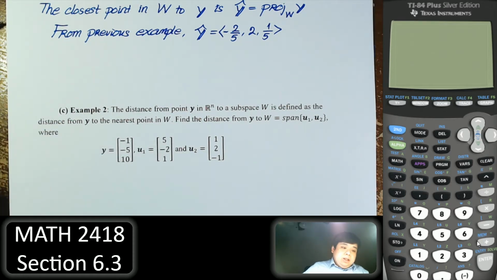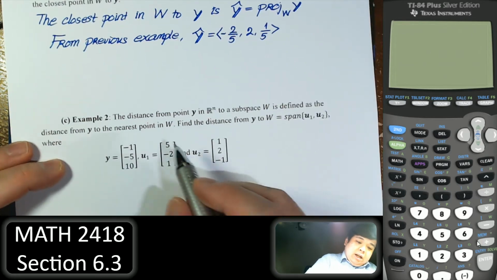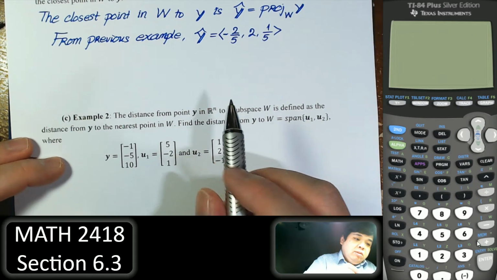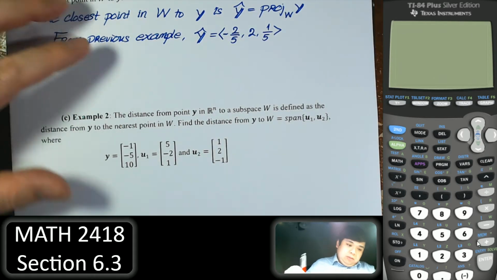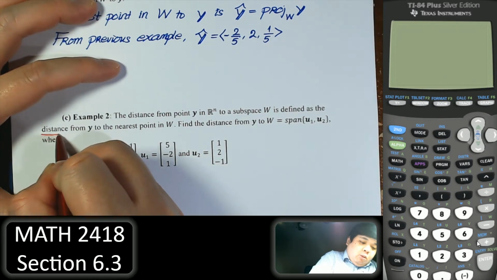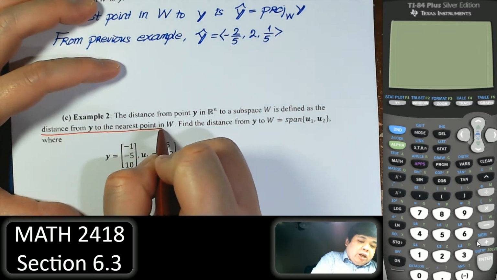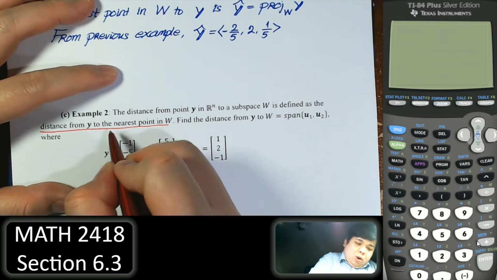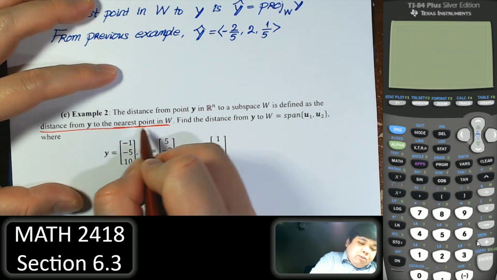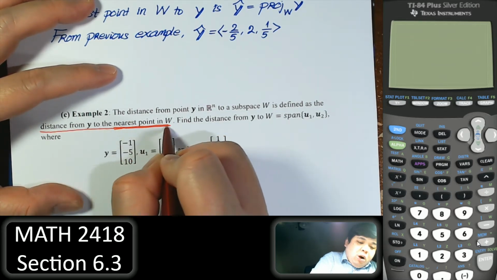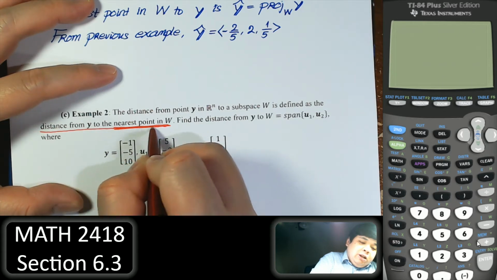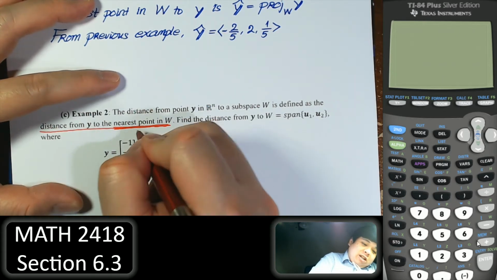Right, so when we say the distance from y to the nearest point in W, what is that? What is the nearest point in W to y? Of course, that is y hat, right?